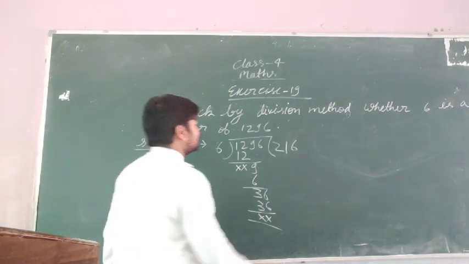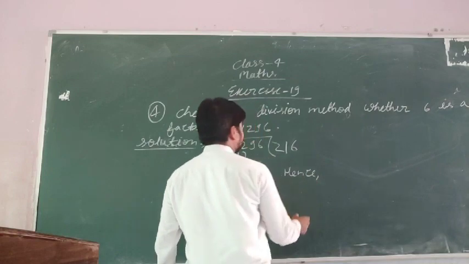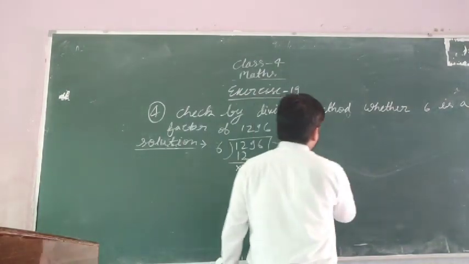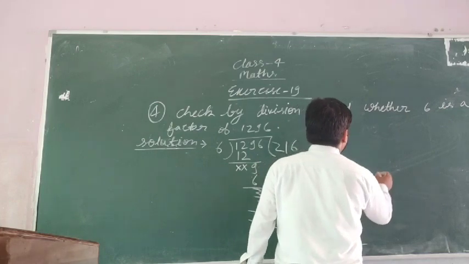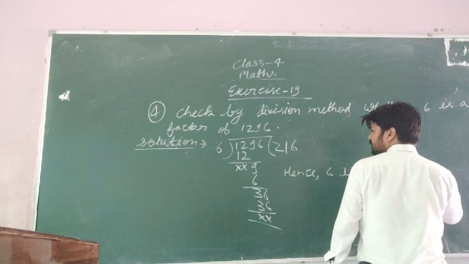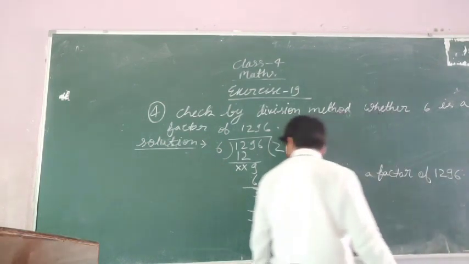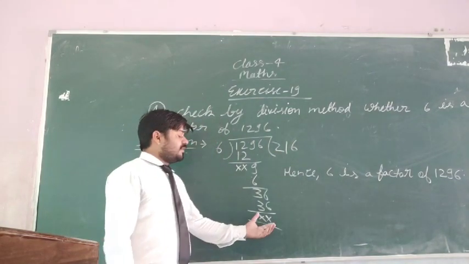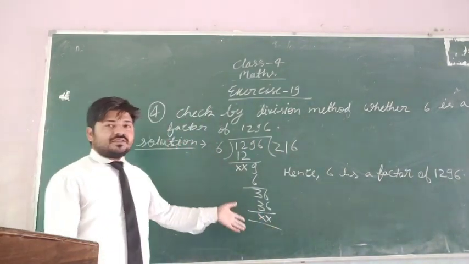So hence you can write here, hence 6 is a factor of 1296. How is it? Because the remainder is 0, it is completely divisible by 6.